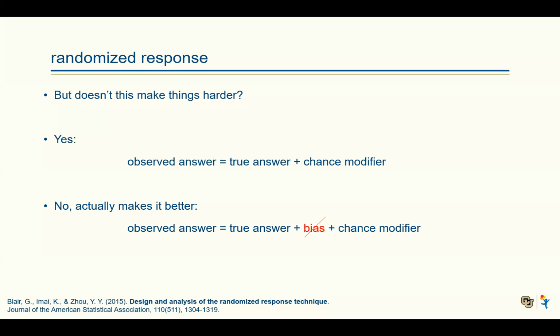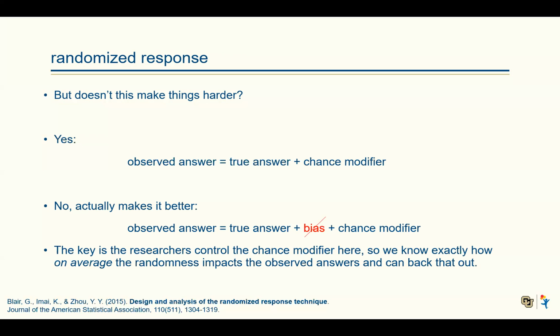I'm going to show you a picture towards the end of this deck that will hopefully make this really clear. The key is that the researcher controls the chance modifier. We will be modifying this, and I'll show you some stuff in just a second. So we know what's happening on average. We'll use some statistical properties to pull out the noise and be left with just the signal. I use this a lot in my own research.